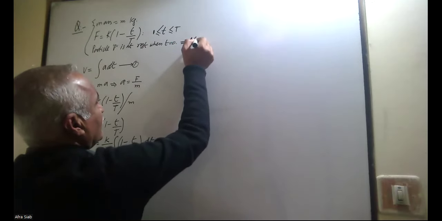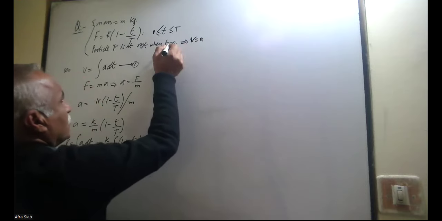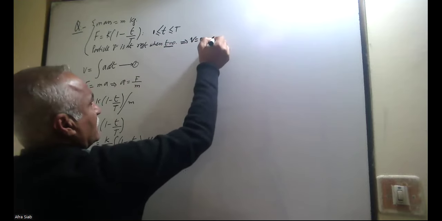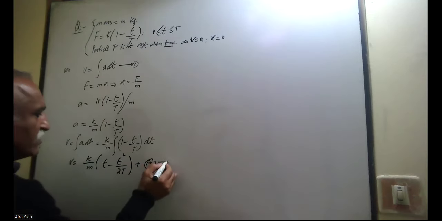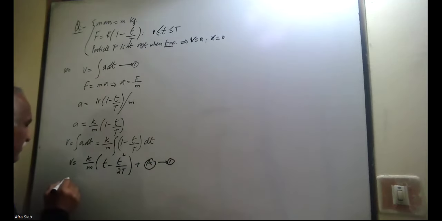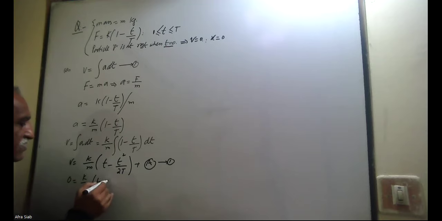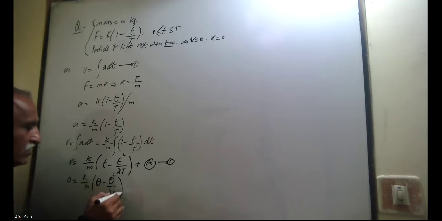But we know that when it started at this point, v is equal to 0, t is equal to 0, and the displacement is also equal to 0. So we put this condition into this one, then v = 0 = k/m (t - t²/2T) + A. Time is 0 there, this is 0, plus constant A. So this is 0 minus 0, 0 into this 0.